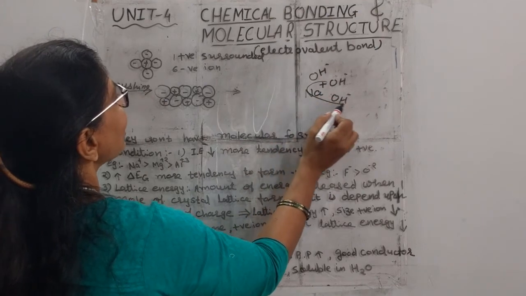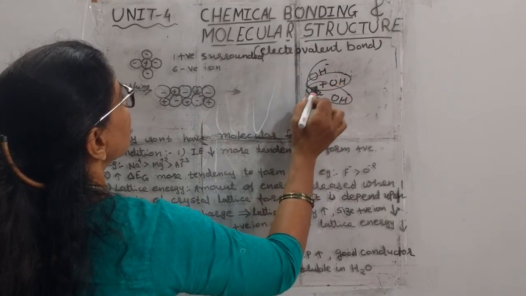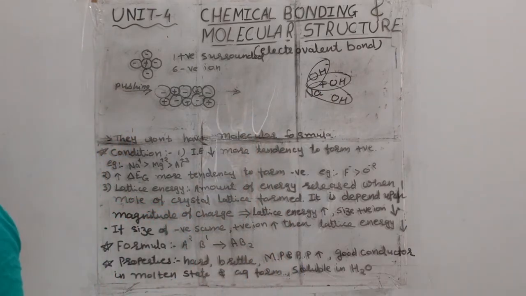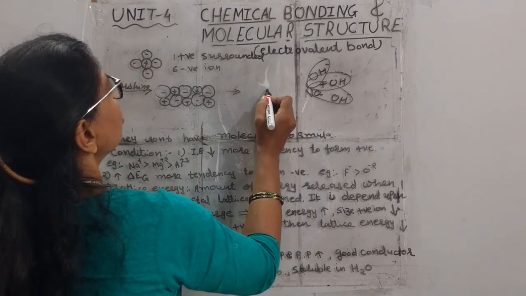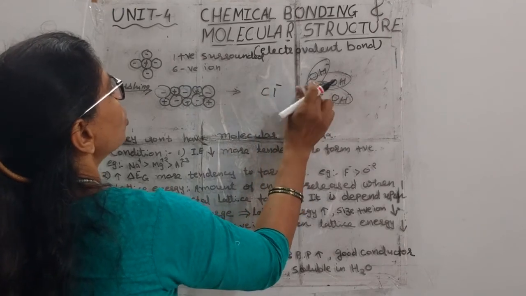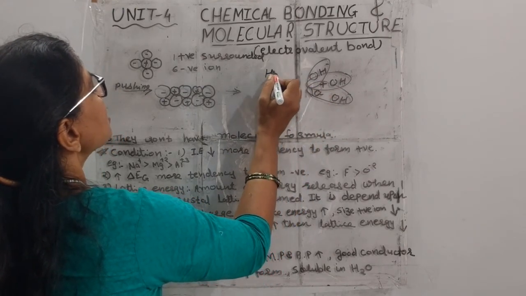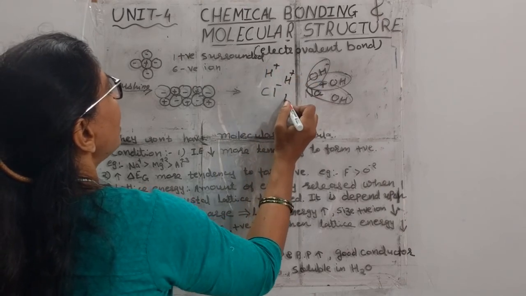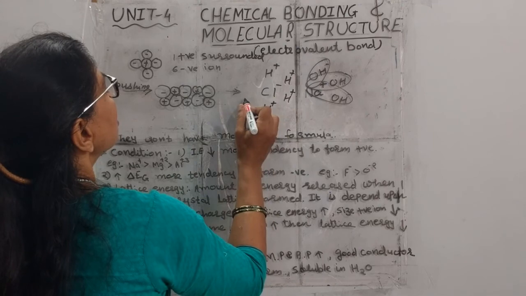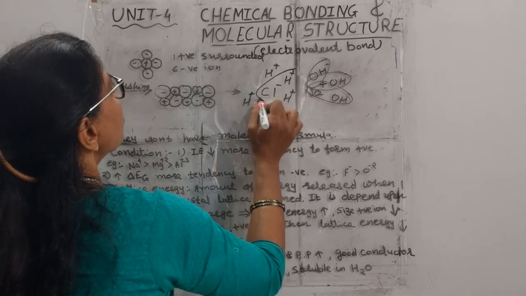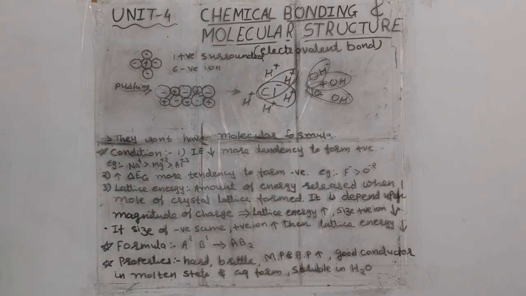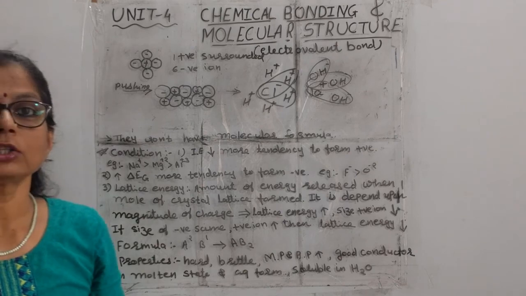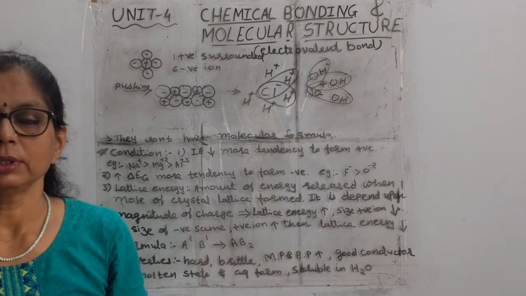There is a force of attraction between these, and that's why they dissolve easily. Same way, if you are talking about Na plus and Cl minus, then in H2O, H plus is surrounded by Cl minus, and here also the electrostatic force of attraction forms, and that's why they are very soluble, or the solubility of this compound is high.